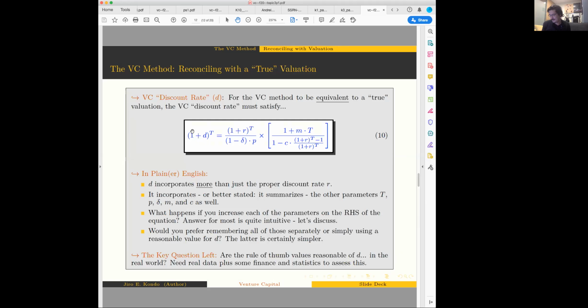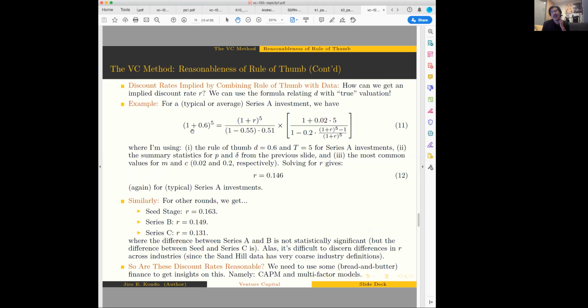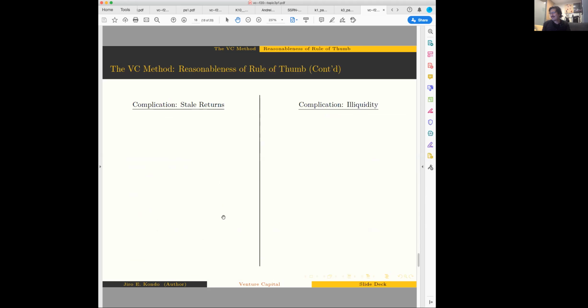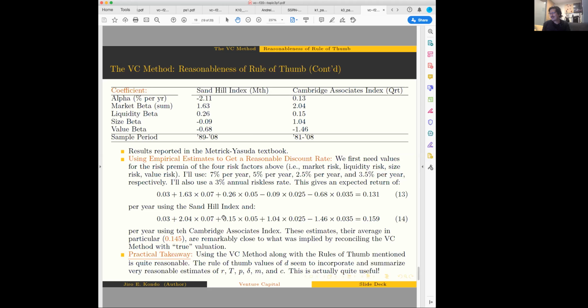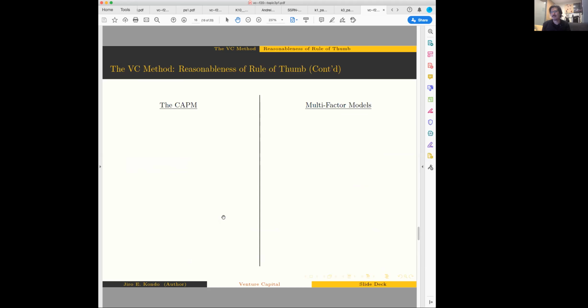So I did that. Given the data that I have, I wasn't able to do it round by round, so I was only able to do this assessment for the average VC investment. If you average all of these discount rates together, you get about 14.5%.